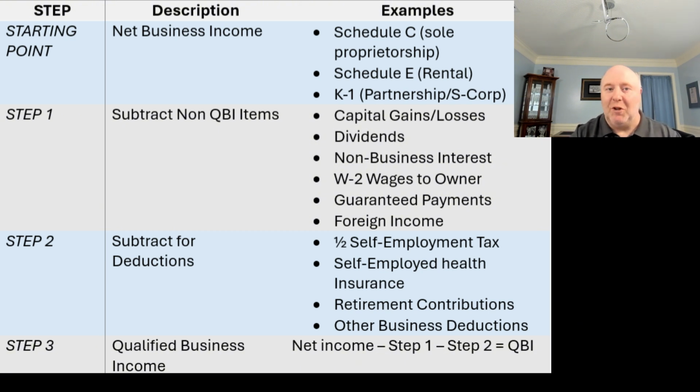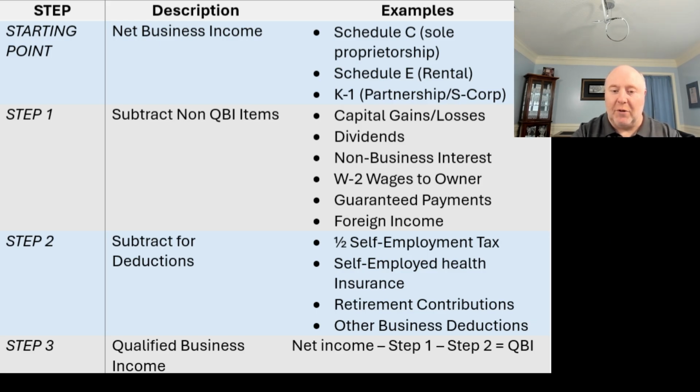Then we go to Step 2, and we're going to subtract out additional deductions. Now, the reason we do these additional deductions is because when we go to Schedule C or E, right, or the K1, these aren't included. These are already included in there. We have to go ahead and we subtract them out. So half of self-employment taxes, right?